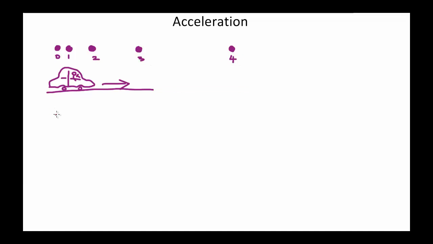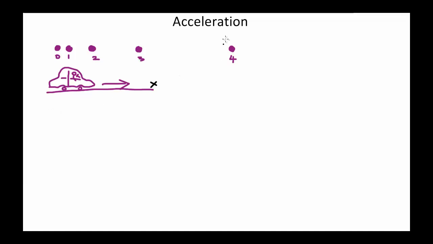Now, to better understand this motion, let's see what the graph of this motion would look like. In particular, the velocity time graph is the one I'm going to start with. So this car is moving in the x direction towards the right, and it's moving in the positive x direction. So the velocity Vx is going to be positive.